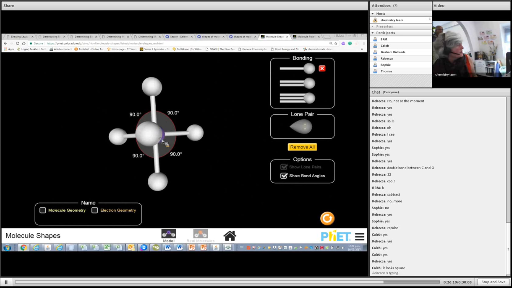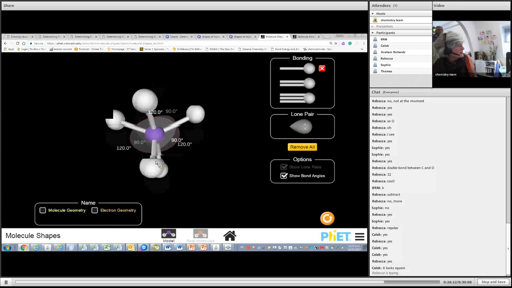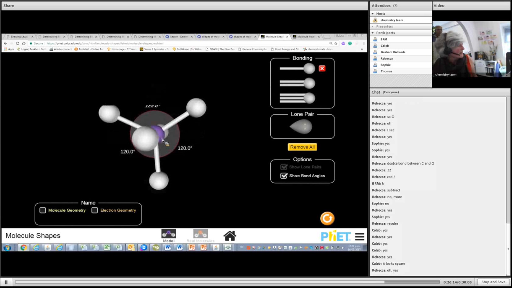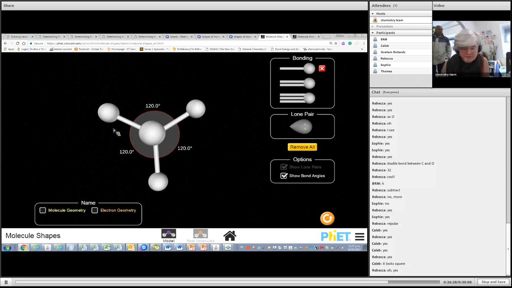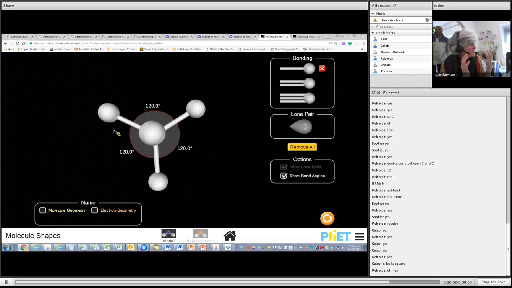Whereas if I'm looking down the axial plane, notice I don't actually see the atom right at the other end of the axial plane, I only see the equatorial plane.